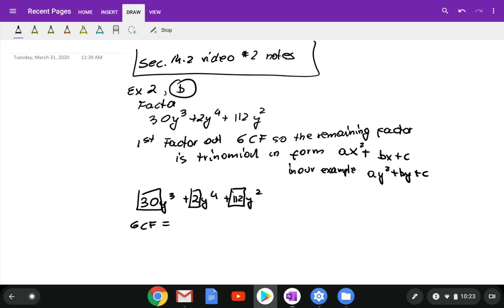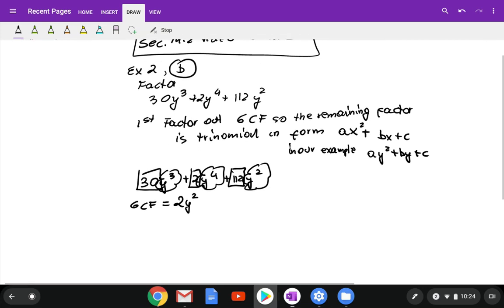It can be 2; it cannot be higher than 2. Next, you have y to the third power, y to the fourth power, and y squared. The GCF will be the variable to the lowest exponent, which is y squared. So our GCF is 2y squared.